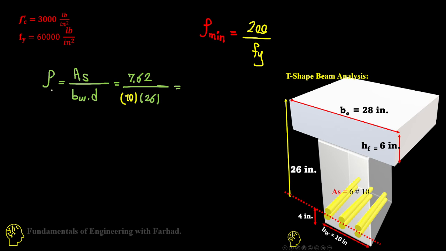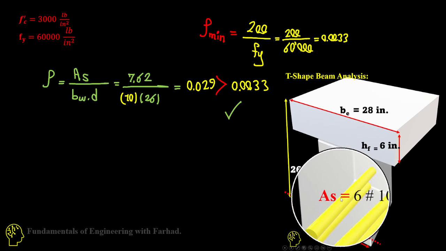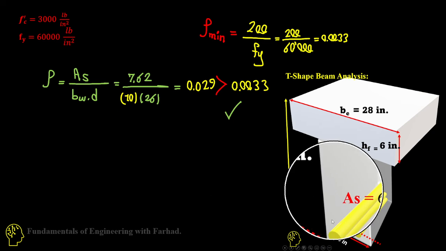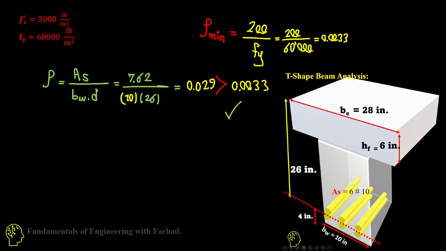Let's see what our rho, the density of steel, is. AS is 6 times number 10 bars over bw times d. Don't forget, when you're working with the density calculation of steel, work with the main part, which is the depth. Depth is the scaffold of the structure.